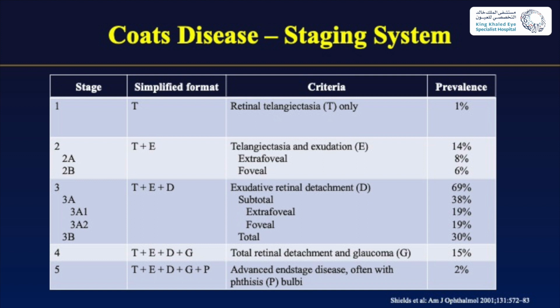And the third stage, when you have detachment, is simplified with D. Fourth stage, when you have total retinal detachment with glaucoma. And the fifth stage is the end stage with phthisis bulbi, simplified with P. The most prevalent stage is the third stage, representing 69% of Shields' series.